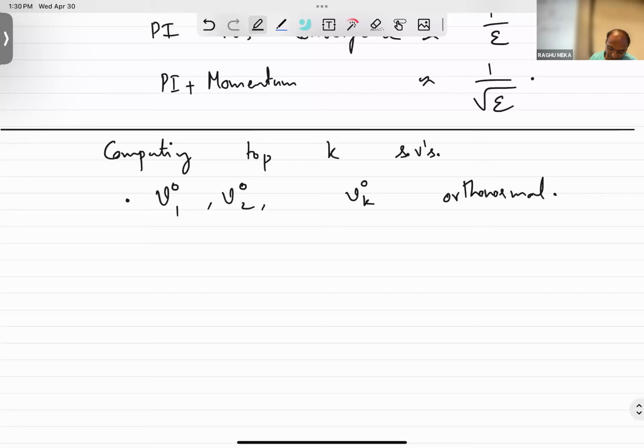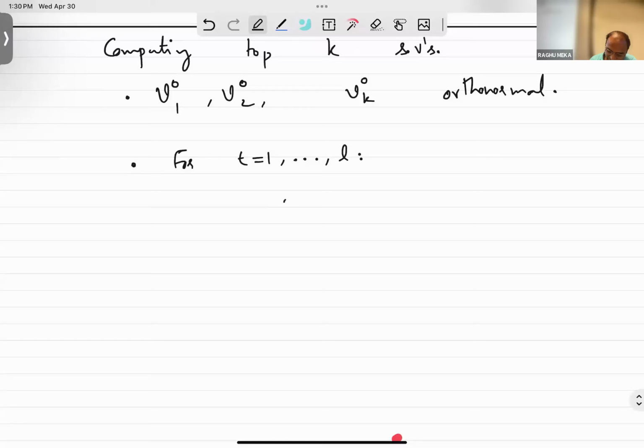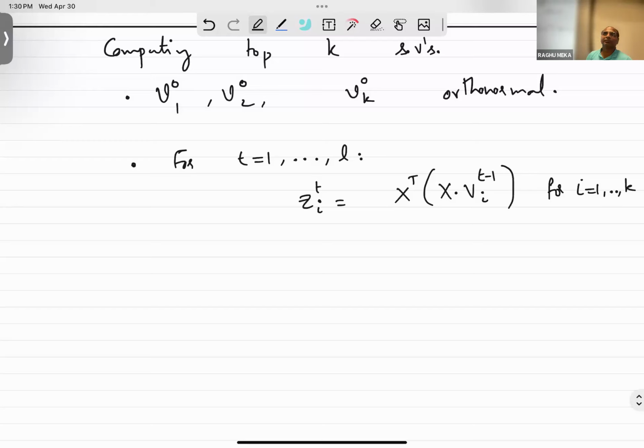Okay. And then you compute for P equals 1 through L. In some sense, I want to keep track of all K at a time.